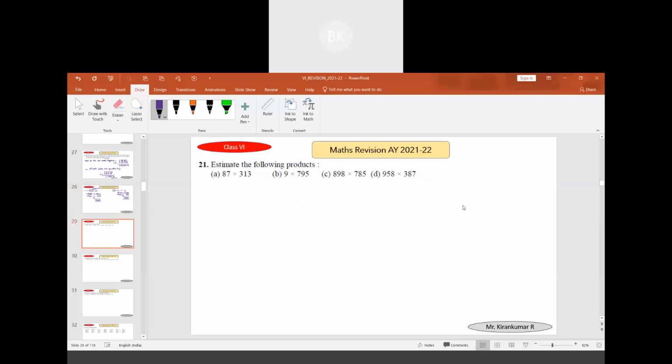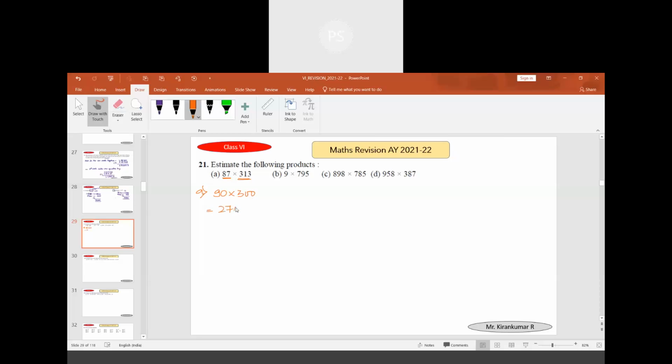Here, the next question is related to multiplication. We have to estimate and multiply. These two numbers we have to estimate. 10 stays 10, 90 becomes 90, and this becomes 300.